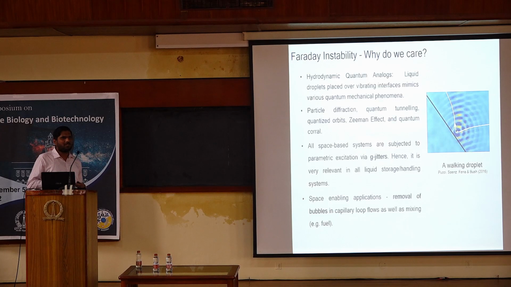But then the question is, why do we care about this in a space scenario? The essential culprit here is what we call G jitters. Let's say you have a spacecraft, and there is a motor running somewhere. Normally, I won't feel the vibration because there is already gravity keeping me sustained. But in a microgravity scenario, any fluctuation created by a running system is going to create a fluctuation in the 0G.